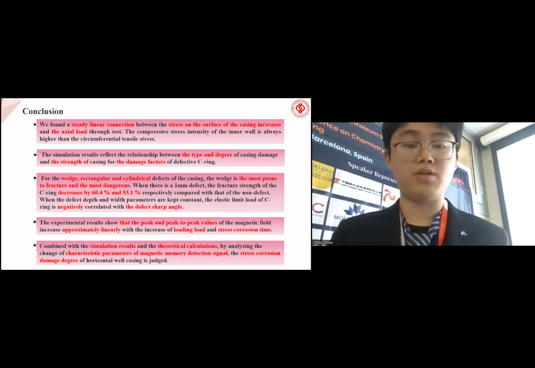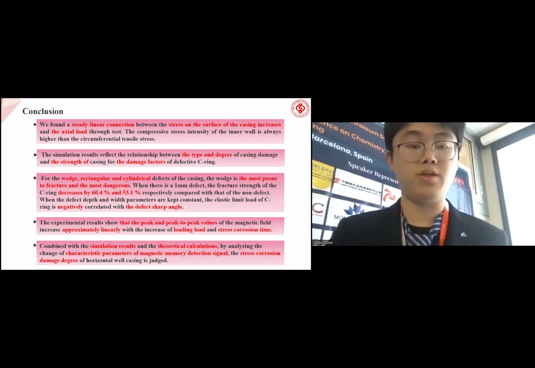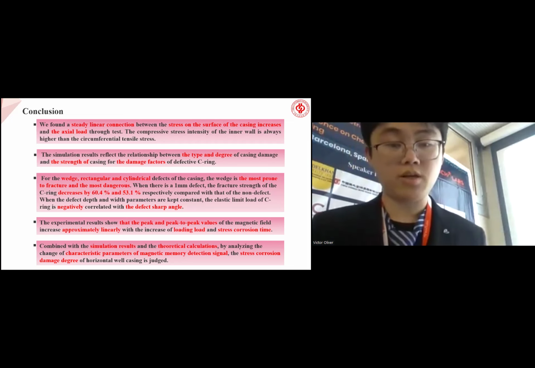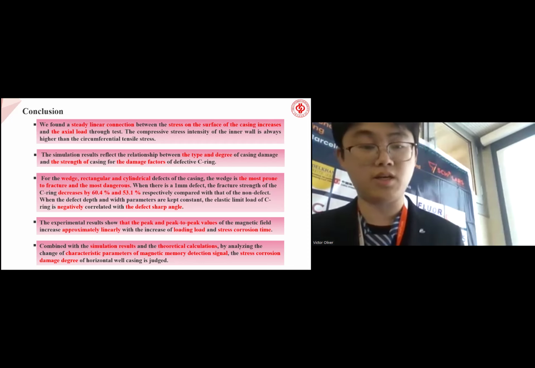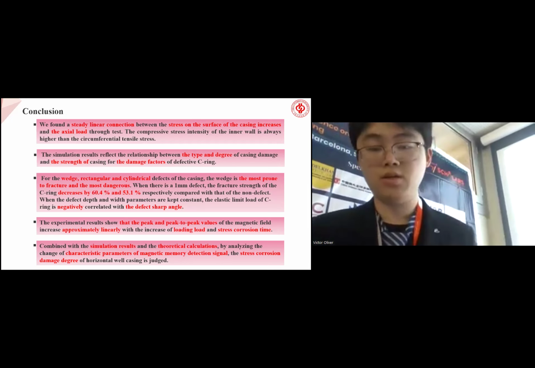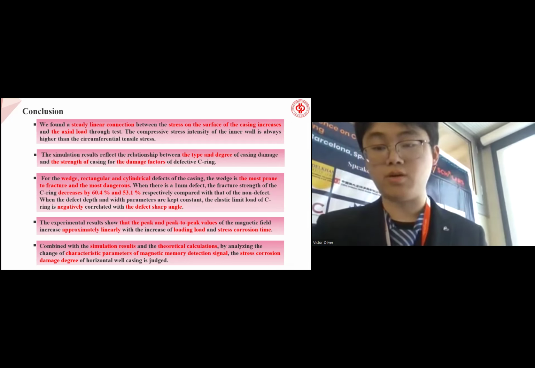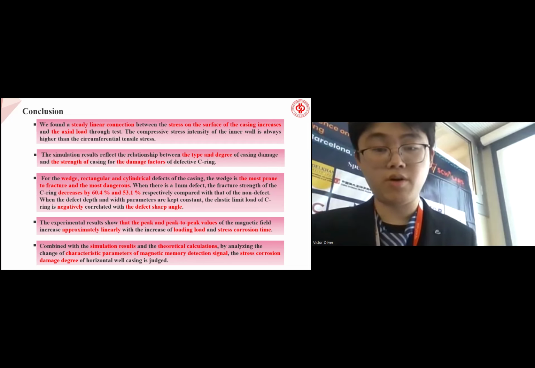When the defect depth and width parameters are kept constant, the elastic limit load of casing is negatively correlated with the defect shape angle. Compared with the simulation results and the theoretical conclusions, by emphasizing the changes of characteristic parameters of magnetic memory detection, the stress corrosion damage degree of horizontal well casing is judged.